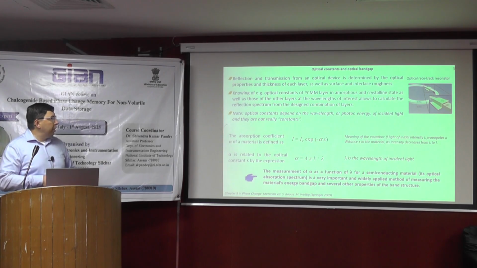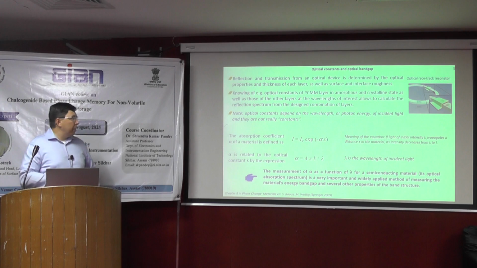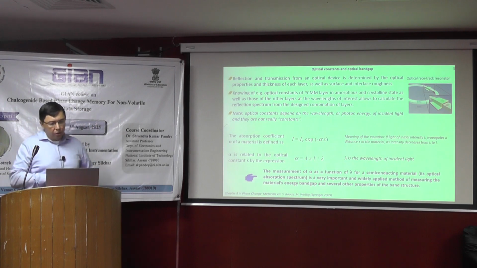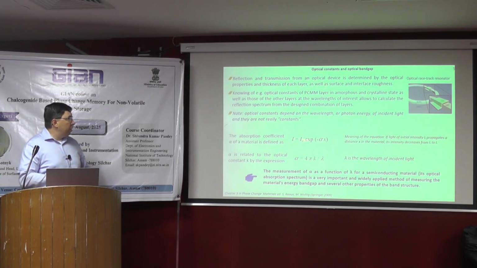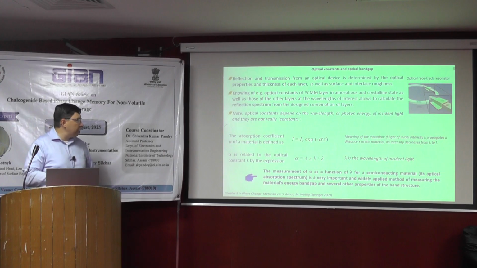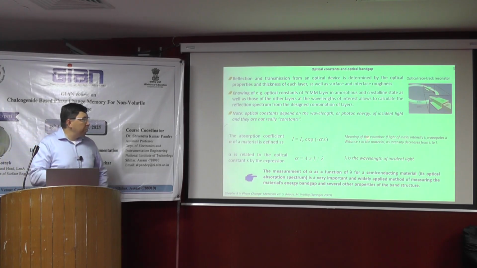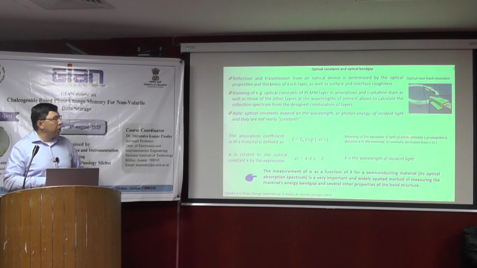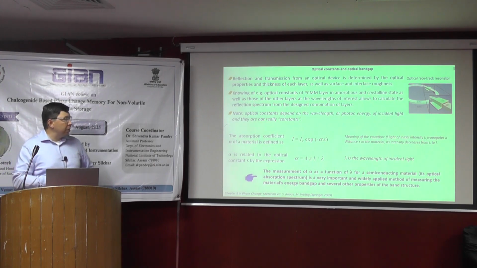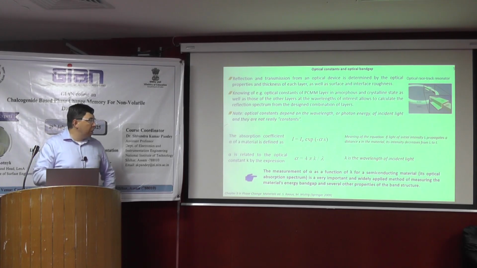And this absorption coefficient can be measured by different techniques, and it can be extracted from this equation: I equals I0 exponential minus alpha x. This means that if light of initial intensity I0 propagates a distance x in the material, the intensity decreases from I0 to I.